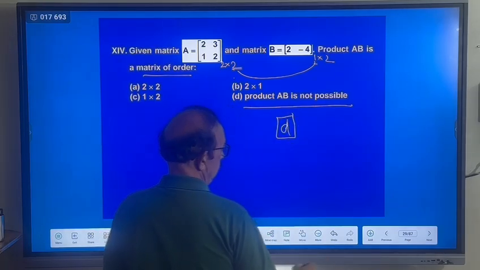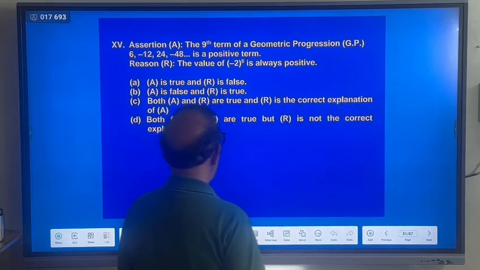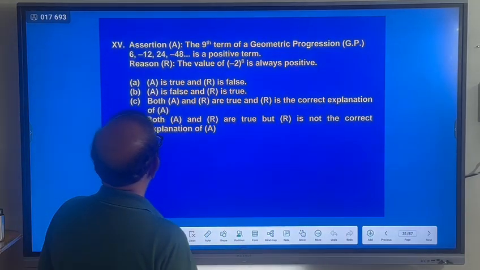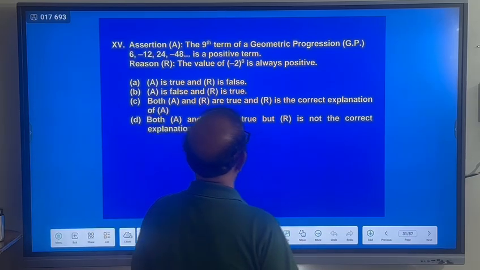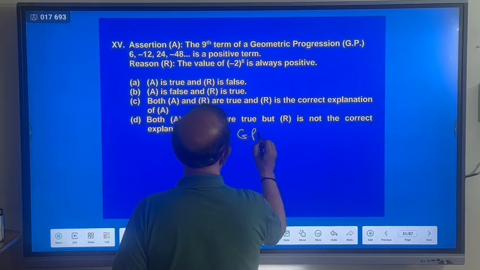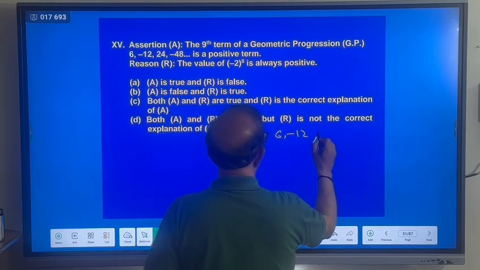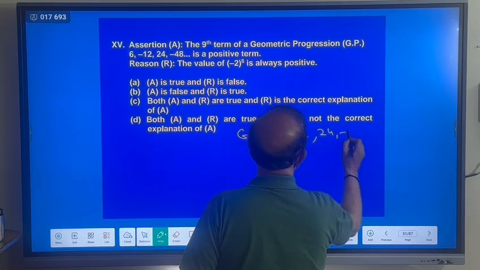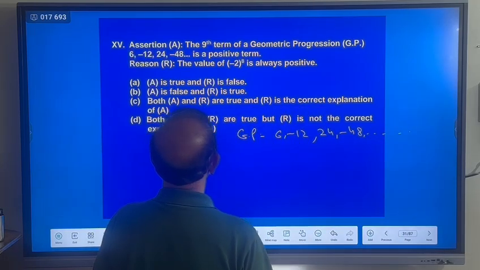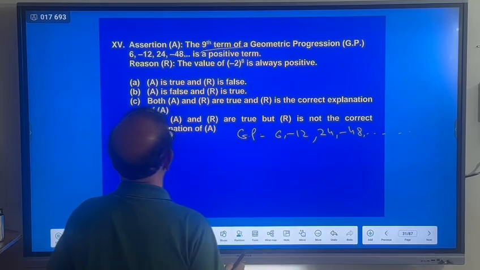This is the answer. MCQ number 15. Now this is a question on assertion and reasoning. The 9th term of a geometric progression, GP, this GP is given 6, -12, 24, -48, is a positive term. 9th term of this GP is positive.